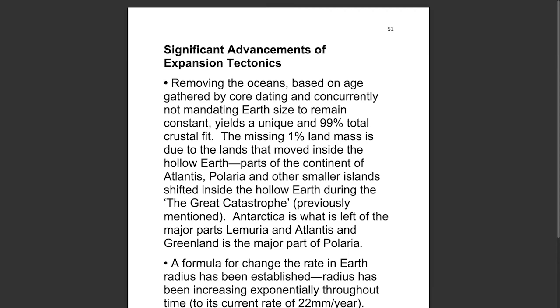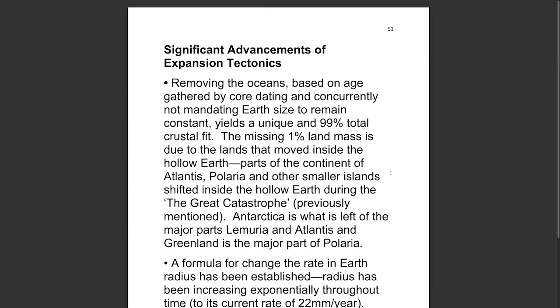The significant advancements that expansion tectonics makes will become really evident as to why this is absolutely the situation. If you remove the oceans based on age gathered by the core dating, as in the map I showed you, and you don't mandate the Earth's size to remain constant, you yield, as I stated earlier, 99% total crustal fit.